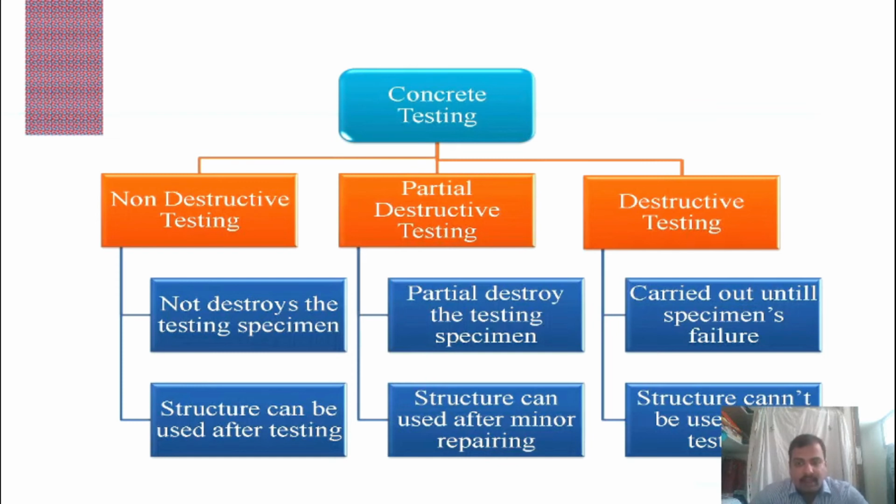We will discuss how we can detect the defects or corrosion in our structure. We can determine the internal defects which cannot be seen by the naked eye, such as voids, cracks, or honeycombing, or lack of bonding between the reinforcement bar and the concrete cement paste in existing concrete structures.